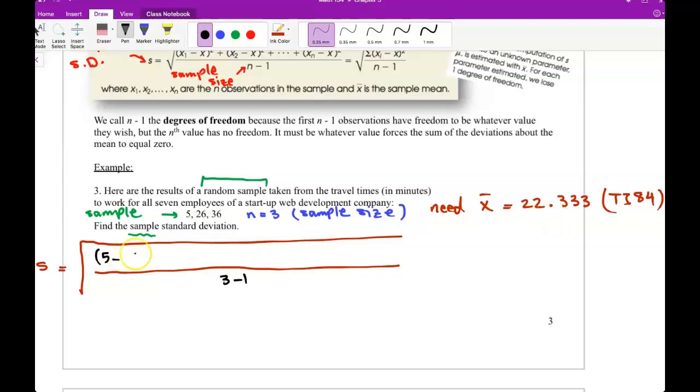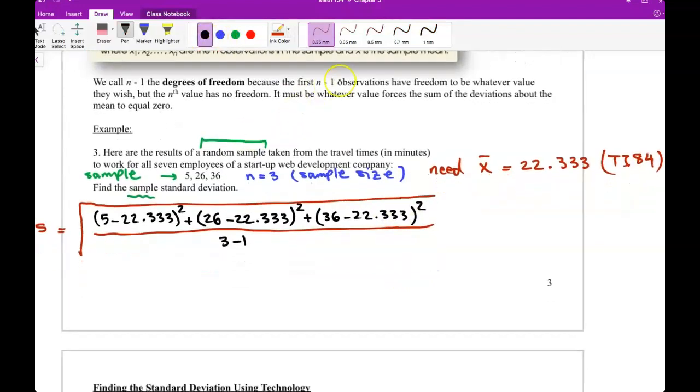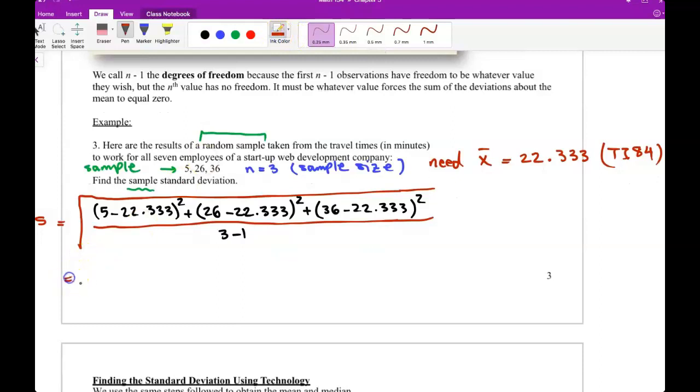So 5 minus 22.333, squared, plus 26 minus 22.333, squared, plus the third one, 36 minus 22.333, squared.